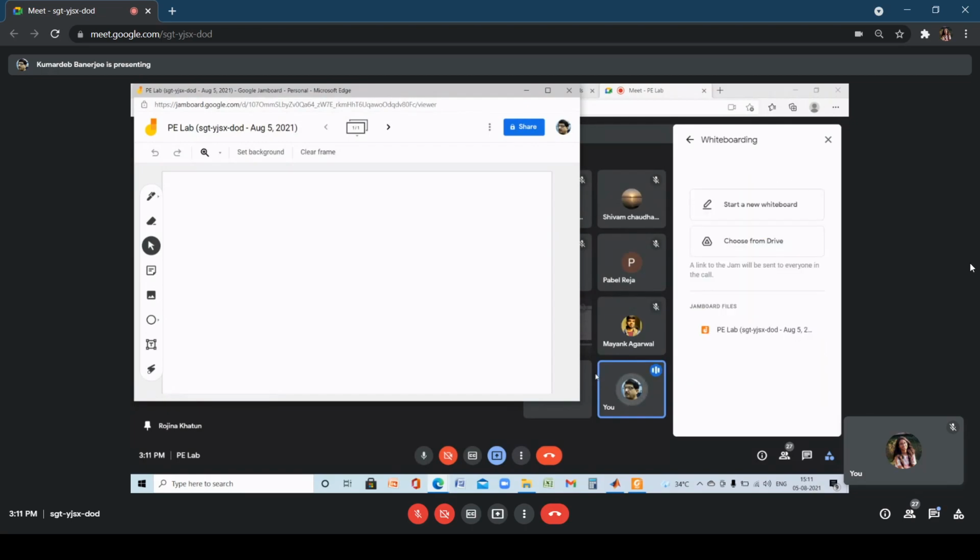Okay, can everyone view this Jamboard? Yes, sir. Okay. So let's draw the corresponding waveform diagrams.